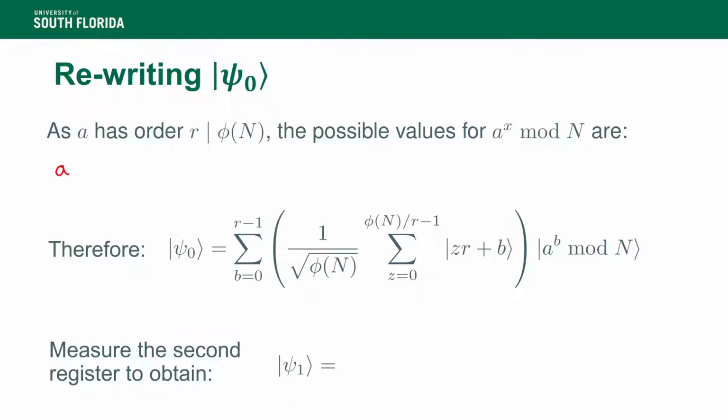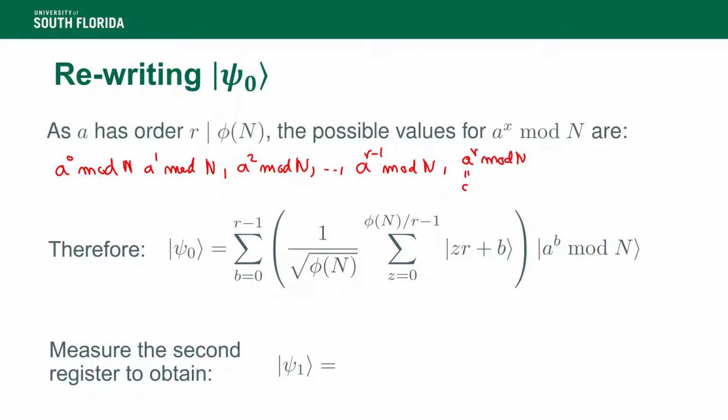So you have a to the 0 mod n, then a to the 1 mod n, and then a to the 2 mod n, and if you continue, it only stops at a to the r minus 1 mod n, and then it resets. So a to the r mod n is the same as a to the 0 mod n, and you continue, you have a to the 1 mod n, etc., etc., okay?